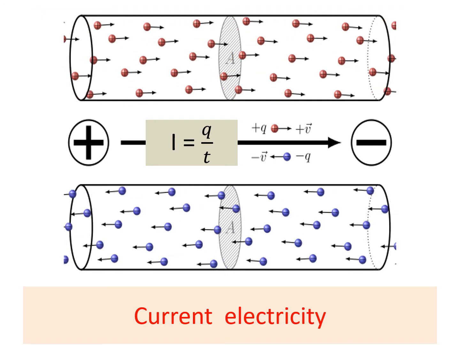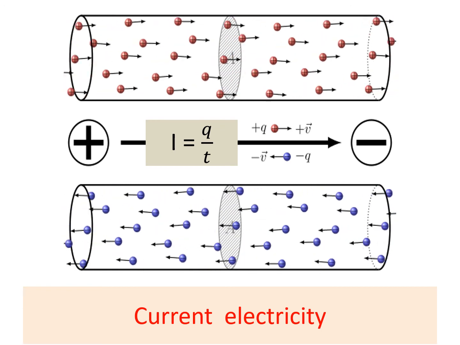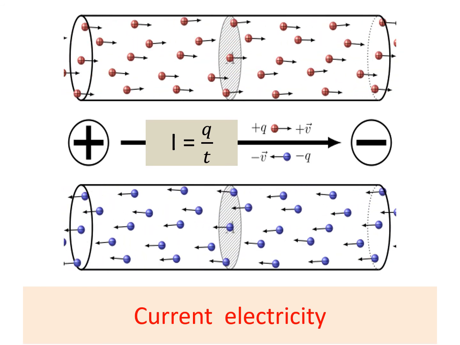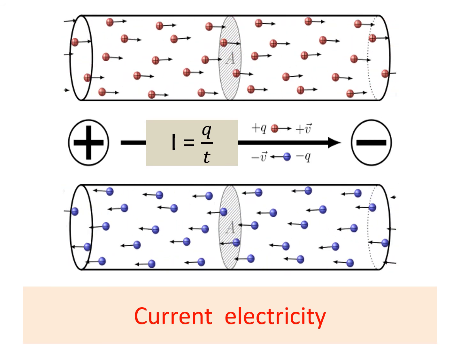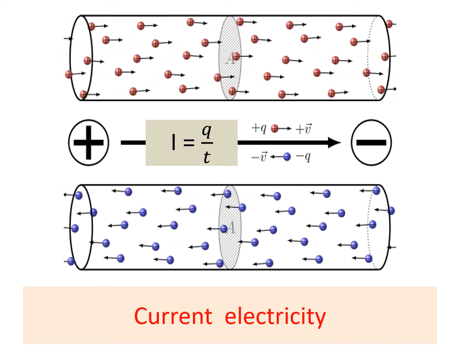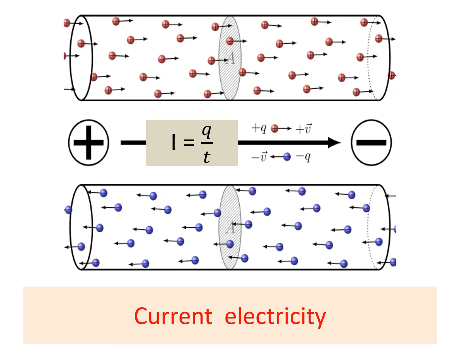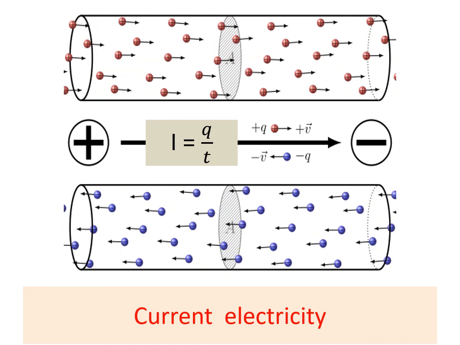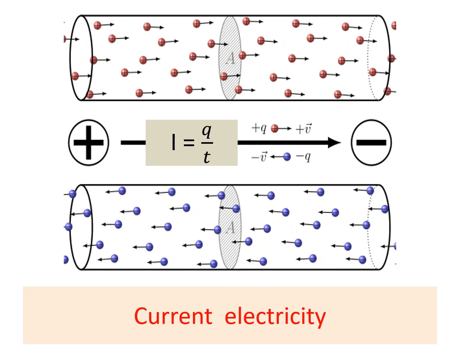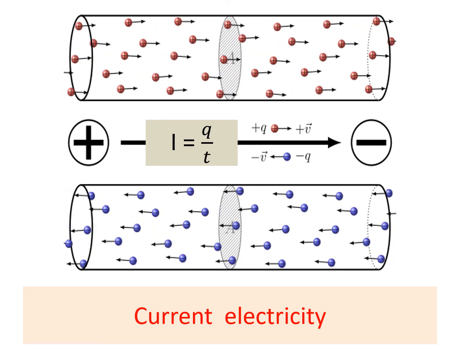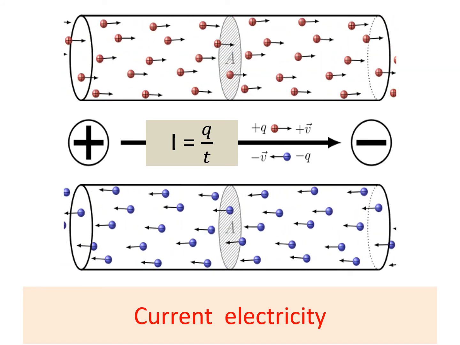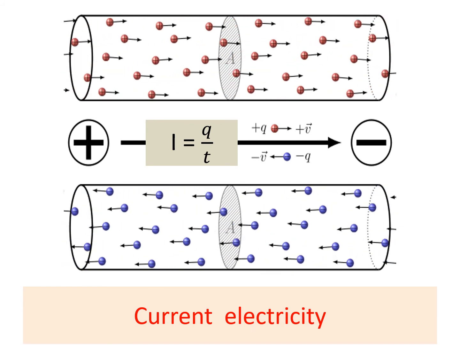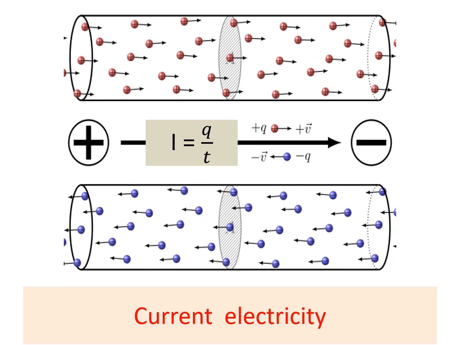Now, my dear students, you can see from this animation and you can understand what electric current is. You can see in this animation, the red sign shows positive charge movement, passing q amount of charge through this area A per unit time.